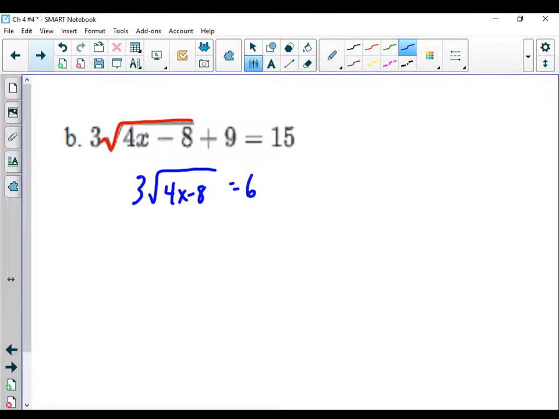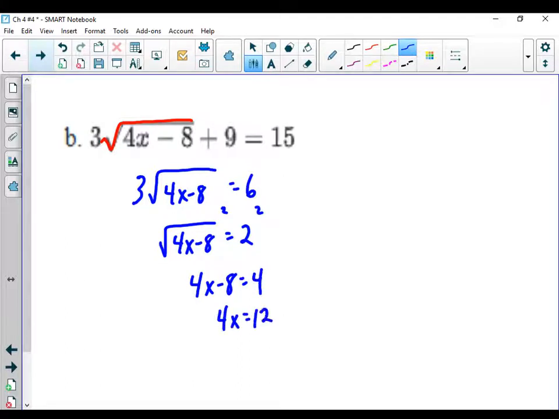And then I can divide by 3. Now I have the square root by itself, and the reason I did that is I can get rid of that square root by squaring it.